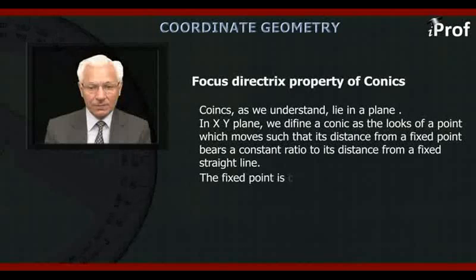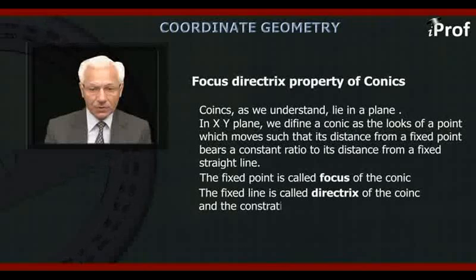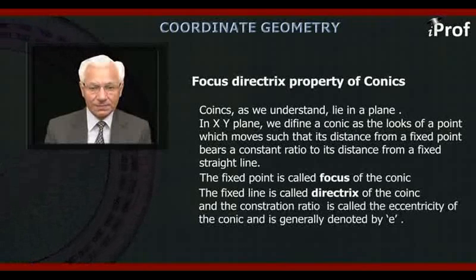The fixed point is called the focus of the conic, and the fixed line is called the directrix of the conic. The constant ratio is called the eccentricity of the conic and is generally denoted by e.